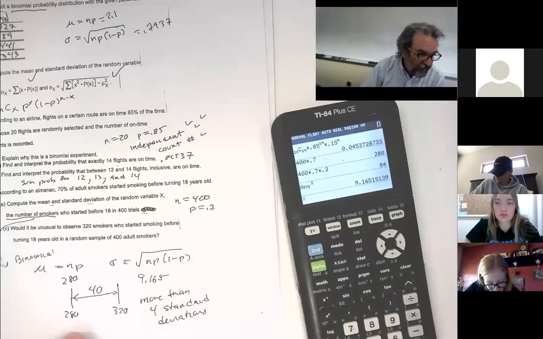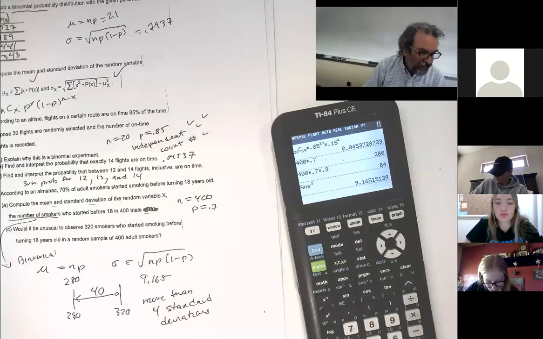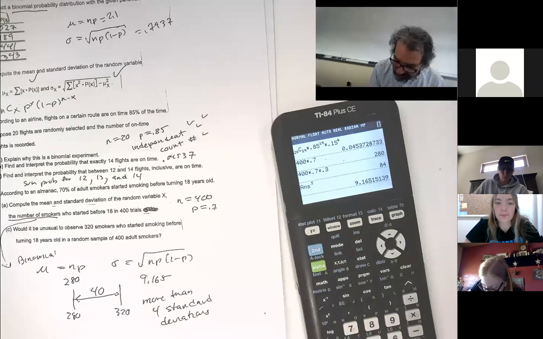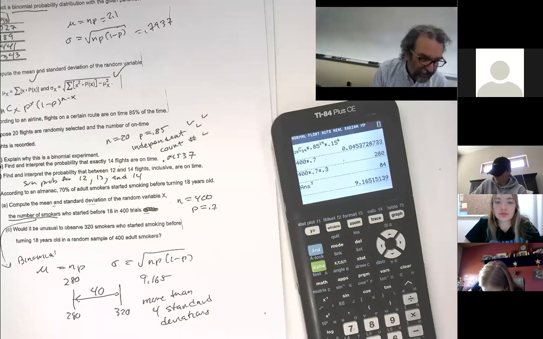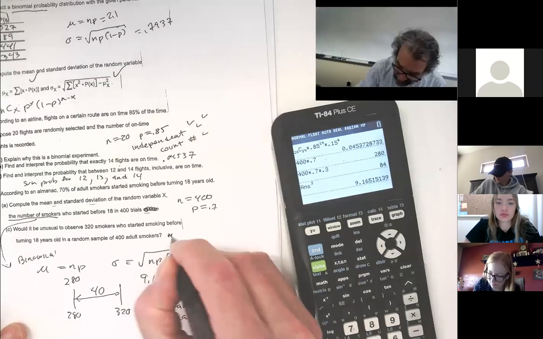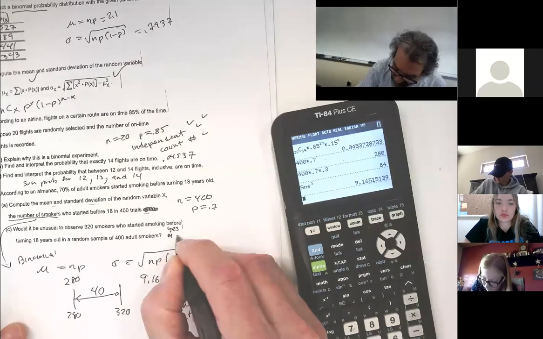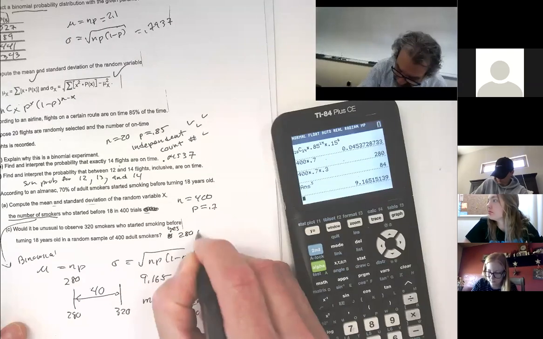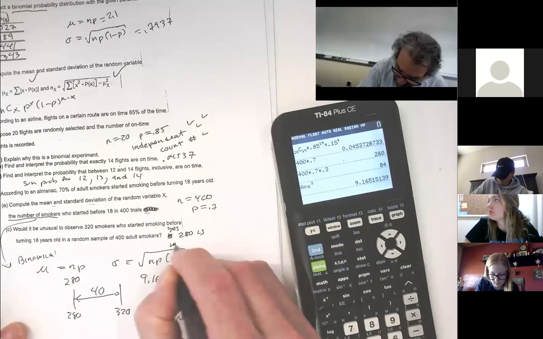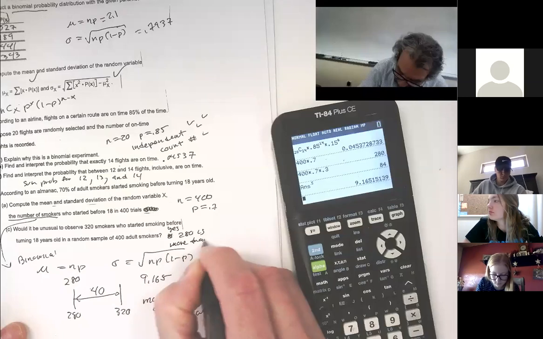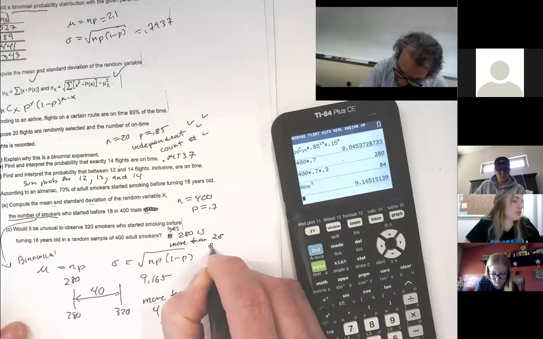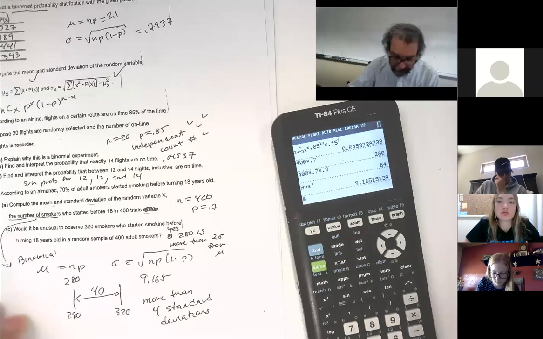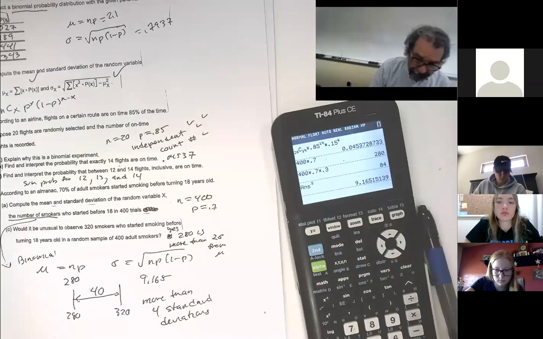We said 2 standard deviations is enough to be considered unusual, so 4 is basically impossible in most cases. So yes, it's more than 2 sigma from mu. Okay. Stopping sharing.